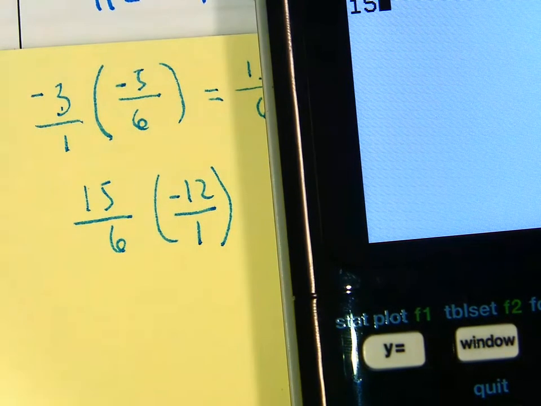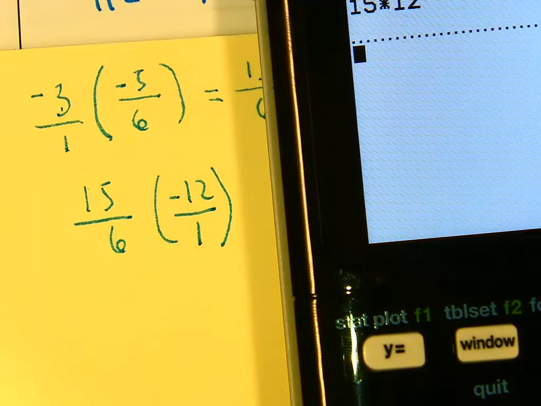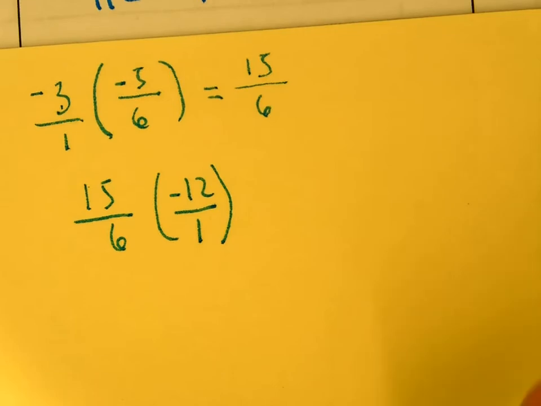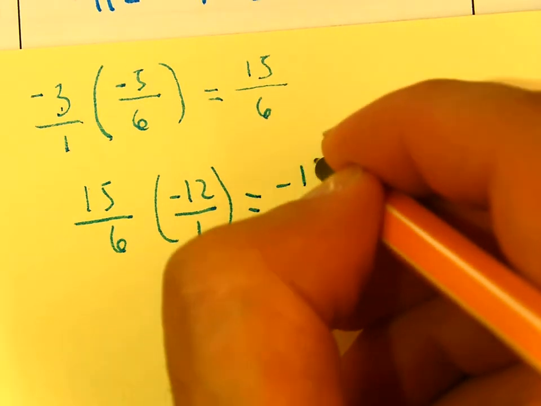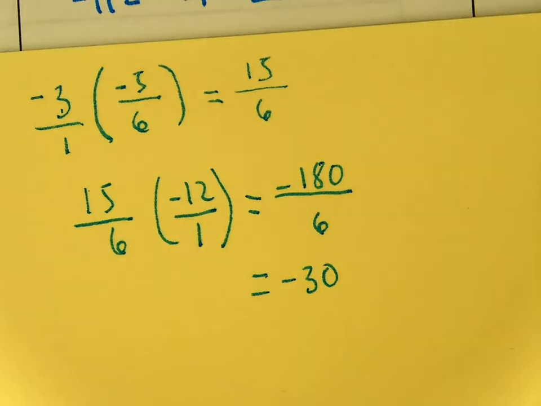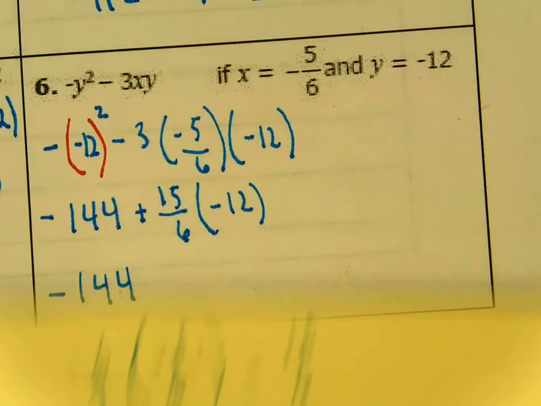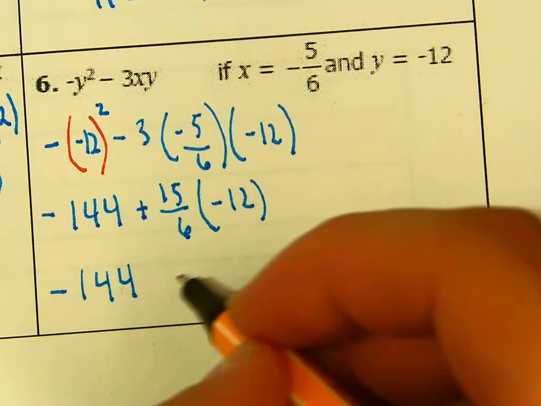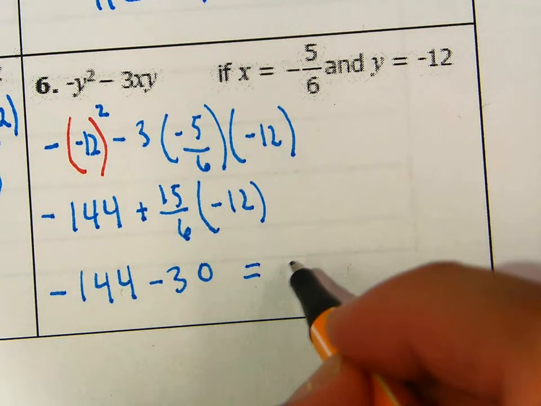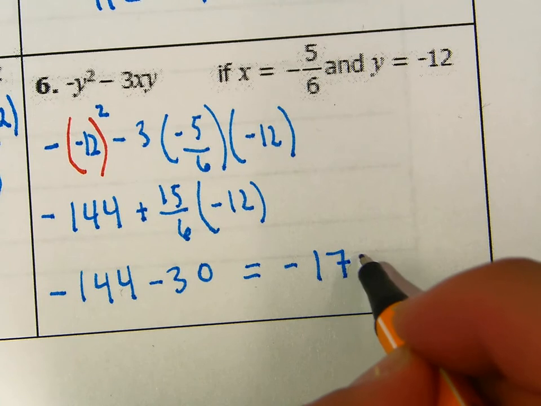Let's see, 15 times 12. It's 180. Oh, sorry, it's 180. Then we're going to divide it by, right, this should be negative 180. Then we divide by 6, and that should be negative 30. Okay, so it came out to a nice number at the end. So this just becomes negative 30, and then negative 144 minus 30 is negative 174.